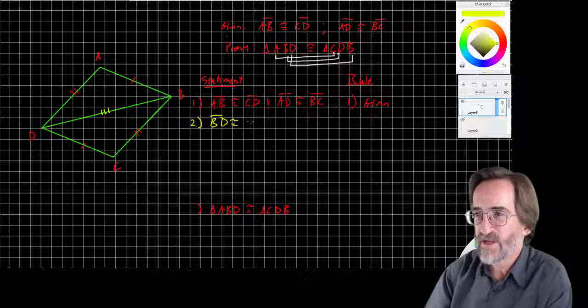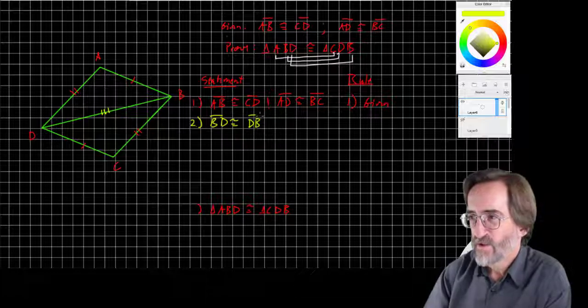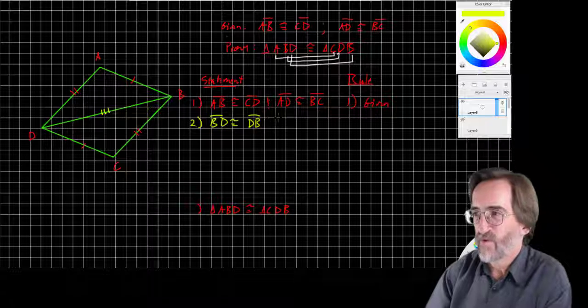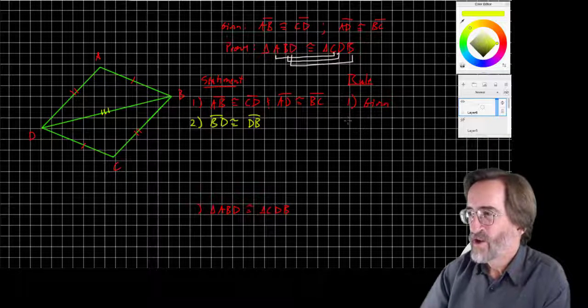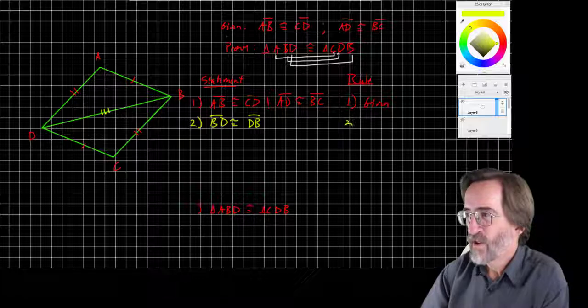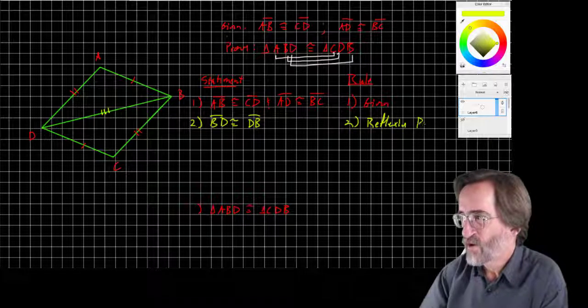You could say BD or DB. I'm going to flip it around because they're congruent that way, but flipping the order doesn't change the segment. And how do we know they're congruent? Anything's congruent to itself, the reflexive property. Technically, the reflexive property of congruence.